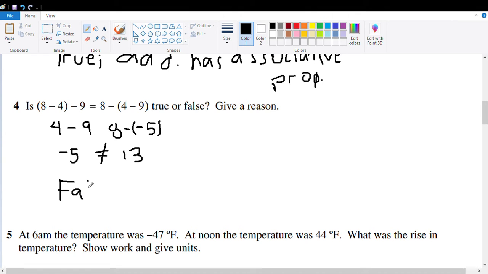Again, you should not just show this as your reason. You have to give why we are not able to move the parentheses. But in addition, we can. It's obviously simple. False because subtraction has no associative property.